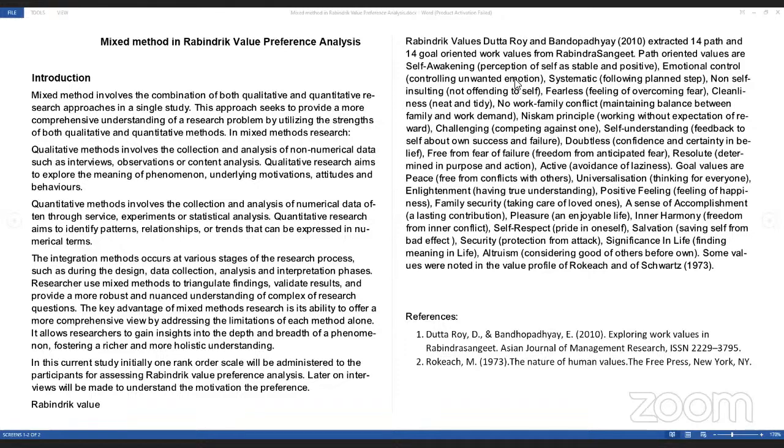Specifically, when we find there is a gap in the value preference, then we apply Rabindra Sangeet in that context, because the values are related to specific Rabindra Sangeet. So basically, Rabindra Sangeet is your intervention, which addresses this incongruence of path and goal.